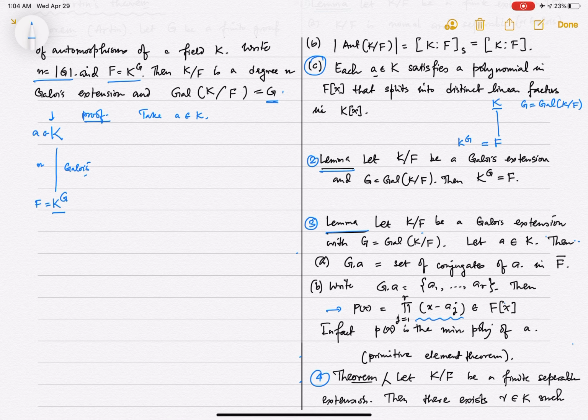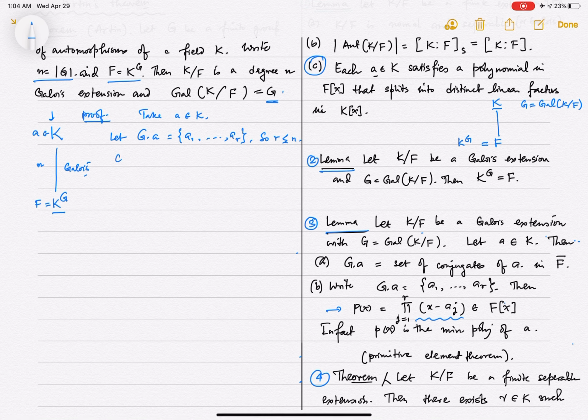So look at this orbit. Take a and apply every element of G, and you get a bunch of elements of K. a_1, a_2, ..., a_r. These are the distinct elements that you get, let's say. So this number r is the size of the orbit, which is less than or equal to the size of the group.